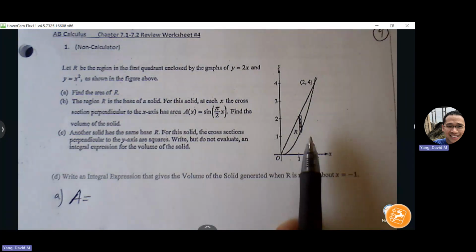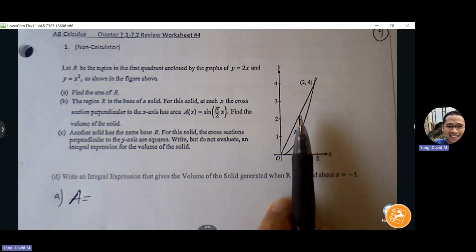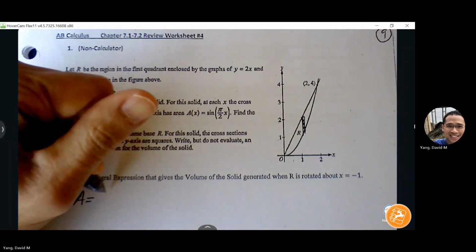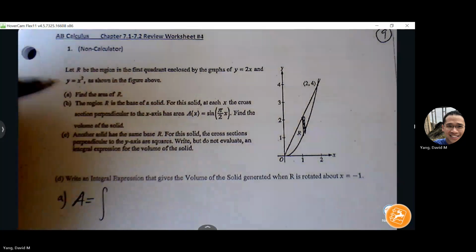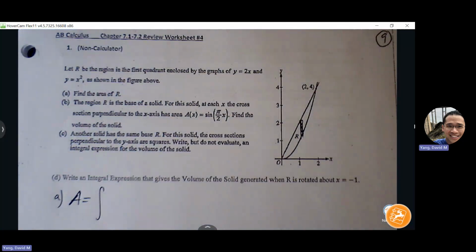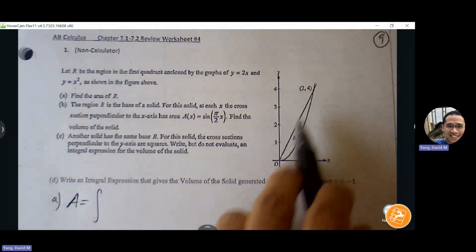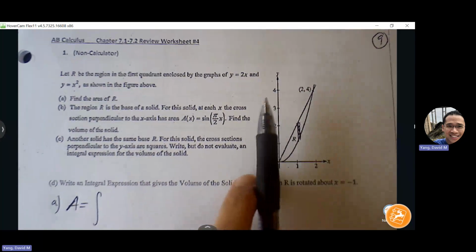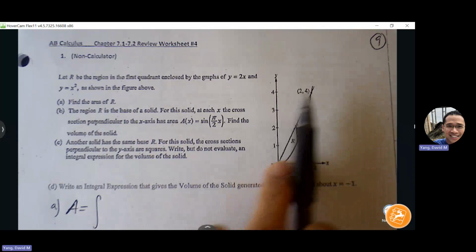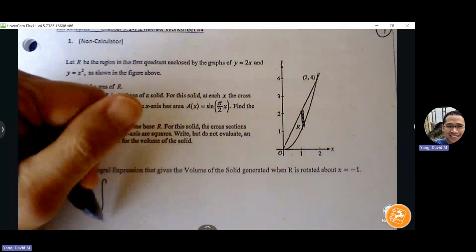So we see the top of our rectangle touching the linear, which is 2x, and the bottom is touching the x squared. And then our x values are from 0 to 2, because we're stacking these rectangles from furthest left to furthest right. Everything's in terms of x.